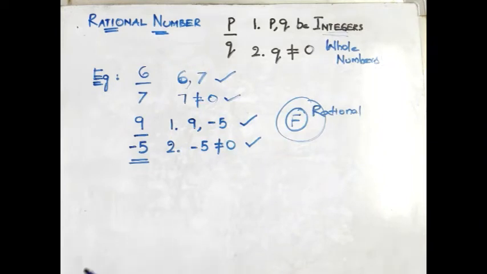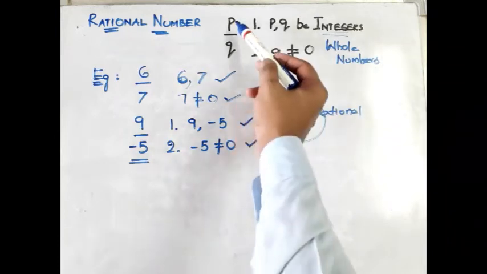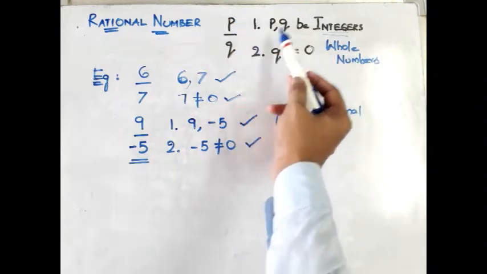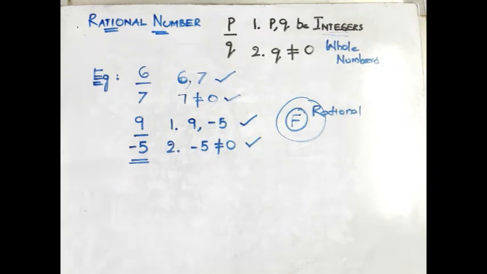That's the definition: when any number is written in the form p by q, where p and q are integers and q is not equal to 0, it will be called a rational number. Now we are going to discuss the important properties of rational numbers which will help us to solve the problems in our exercise.